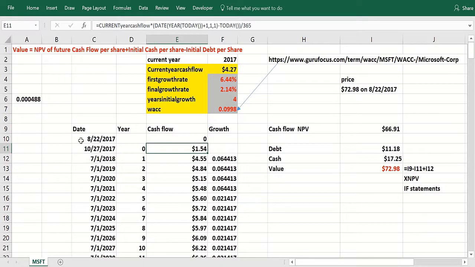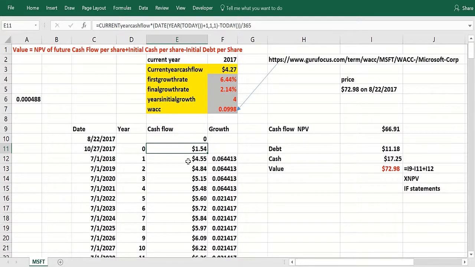We've got September, about 3.5 months there. Well, actually 4.5 months, so that's about 4 months and 10 days, a little more than a third of the year. So we get a cash flow for the rest of the year that's a little bit more than a third of the cash flow for the year. That's what we've got there.